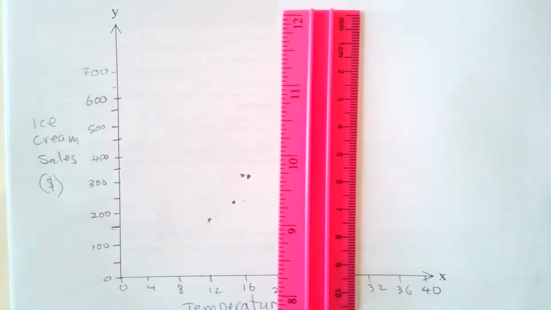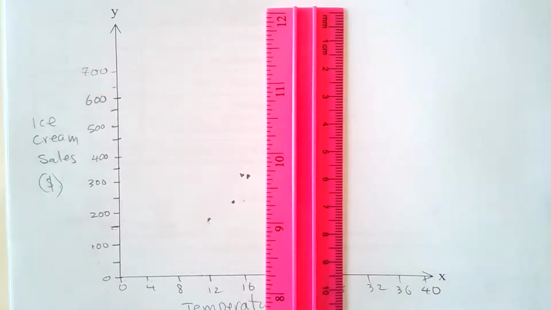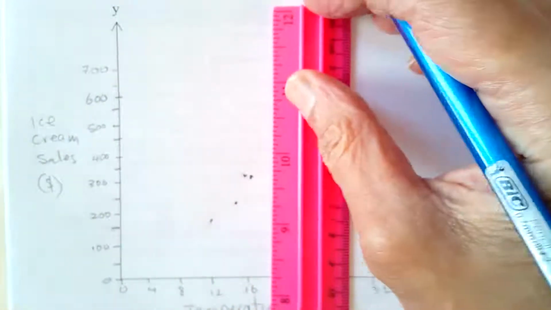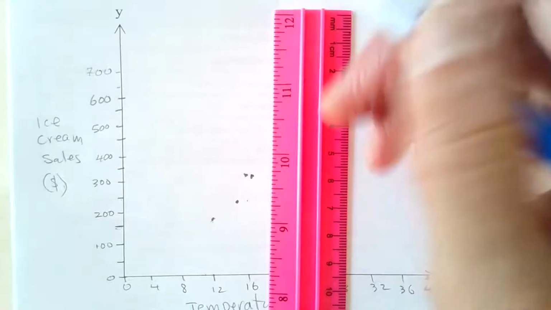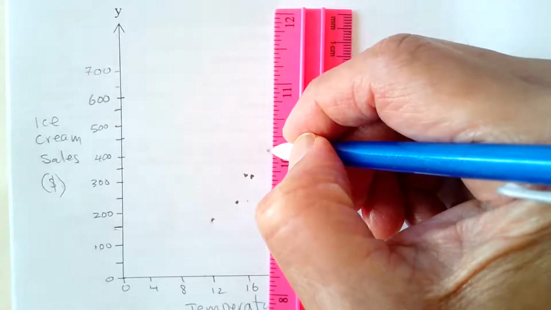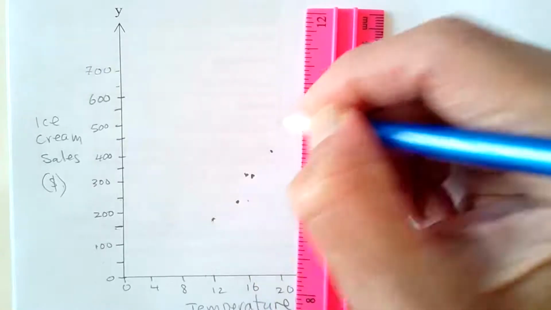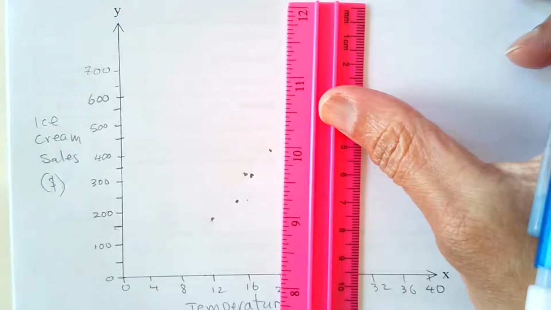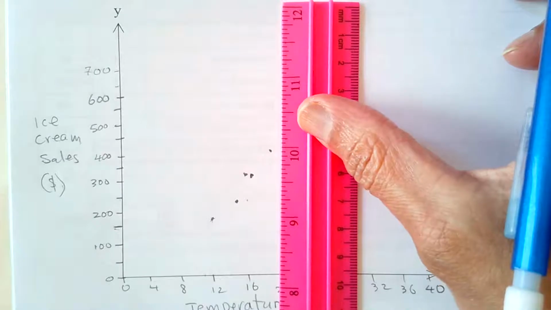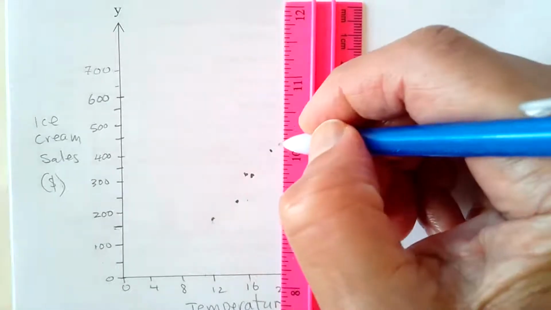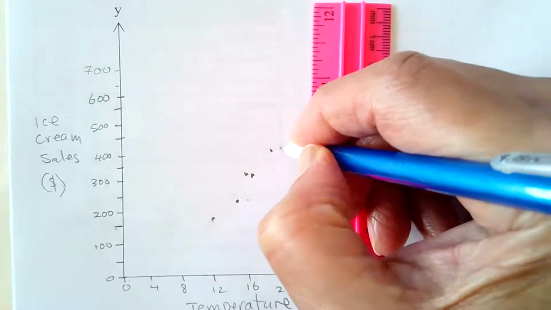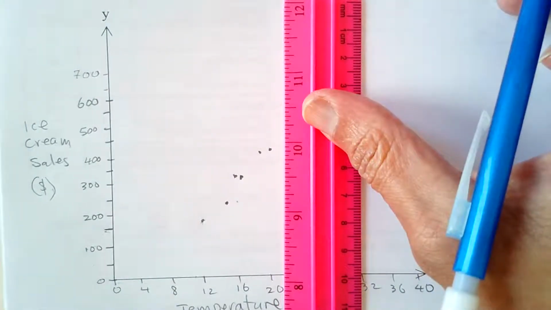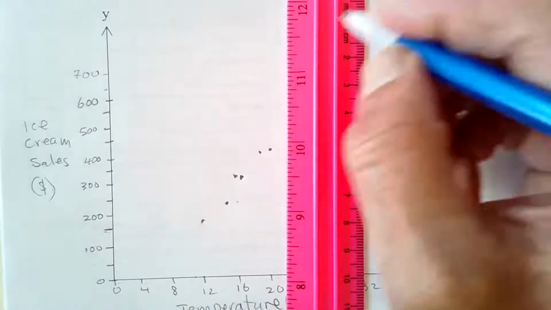And 18.5, which is 18 and a half, and that's $406. And 19.4, $412, slightly above it. And the last one, 22.1, $522.